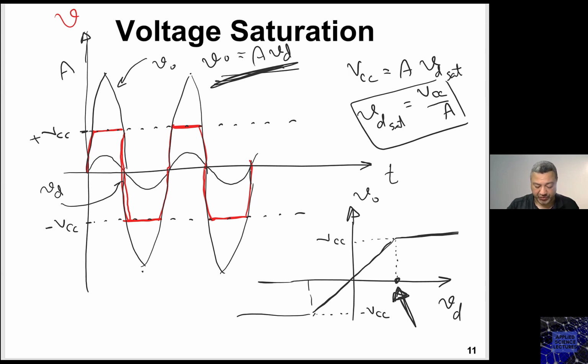And you do the same for the minus VCC to get that point, which will be a negative point, minus VCC over A. Okay.